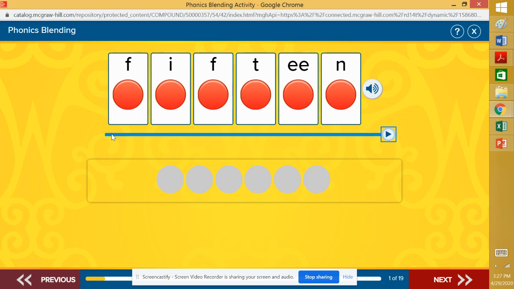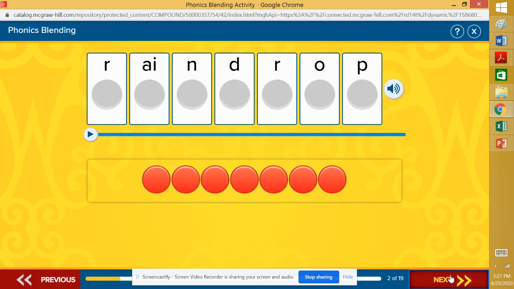Okay, so what word did we make? Good job. The reason I wanted to do this with these discs was so that you could hear each letter sound and see that when we have those vowel pairs, those vowels stay together and they make only one sound. Let's do one more.